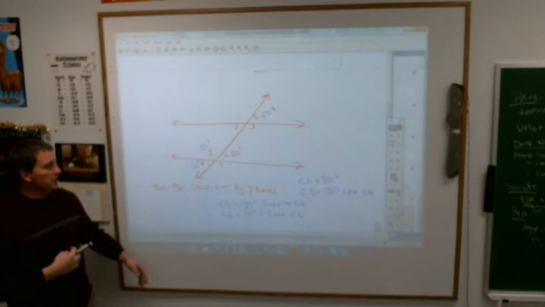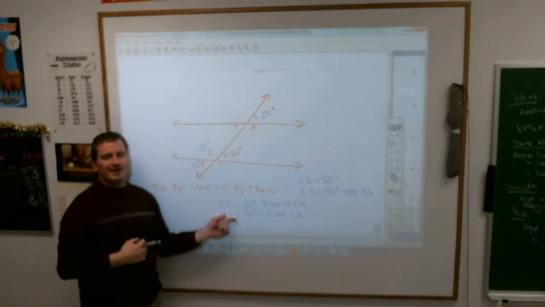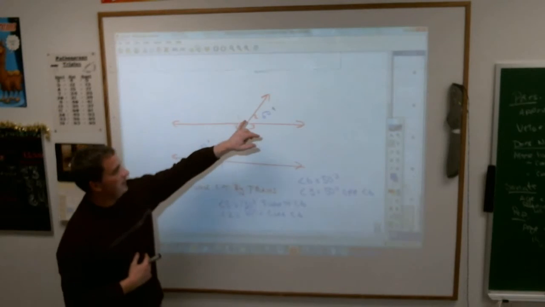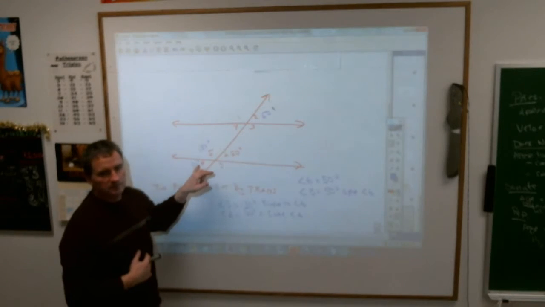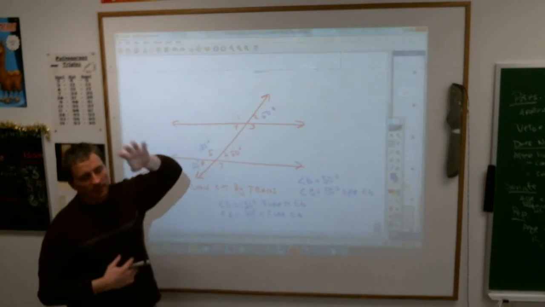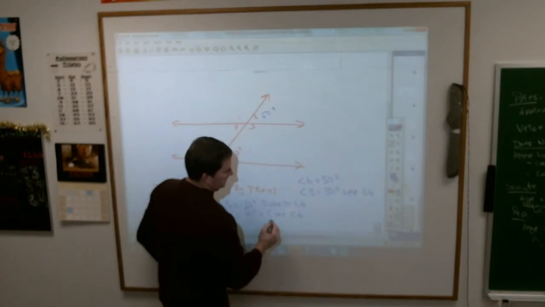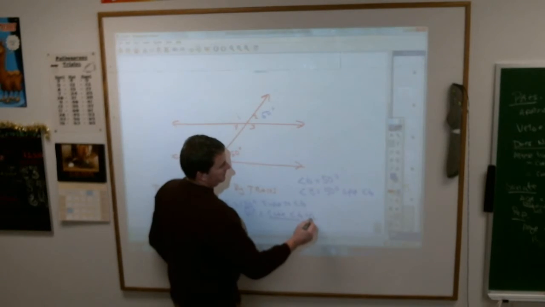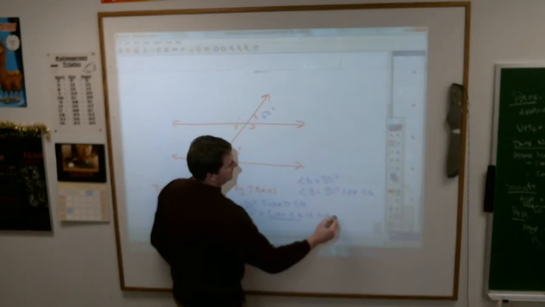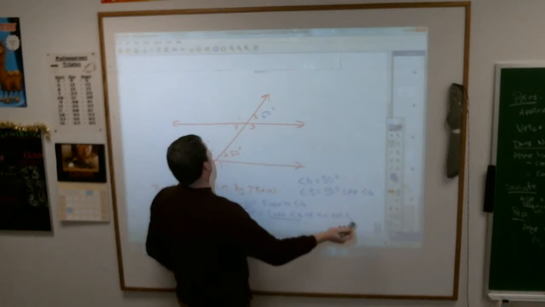By the way, you could give another reason. What's another reason why angle 2 would be 50 degrees? Second reason. Just got done talking about it. 8 and 2 are alternate. You could either say because it corresponds to 6 or it's an alternate exterior angle to number 8.